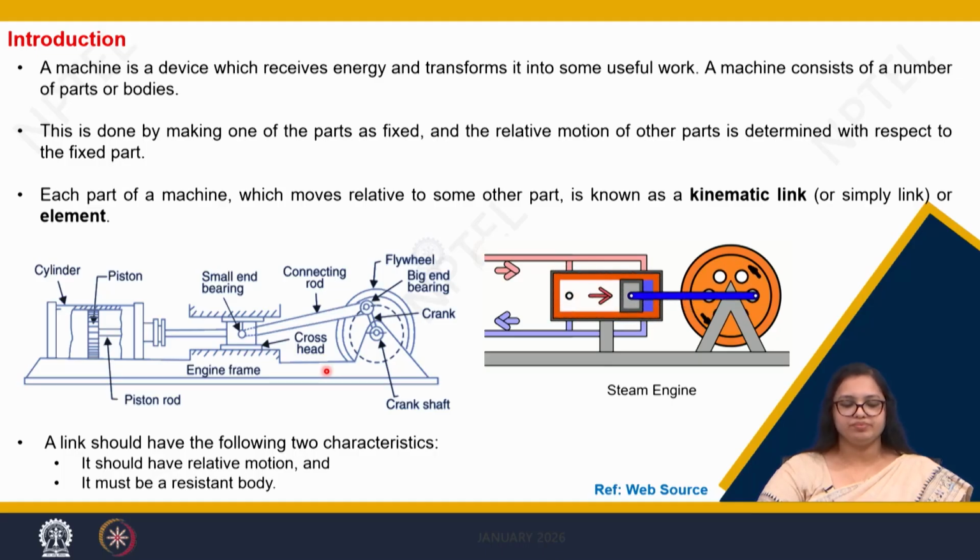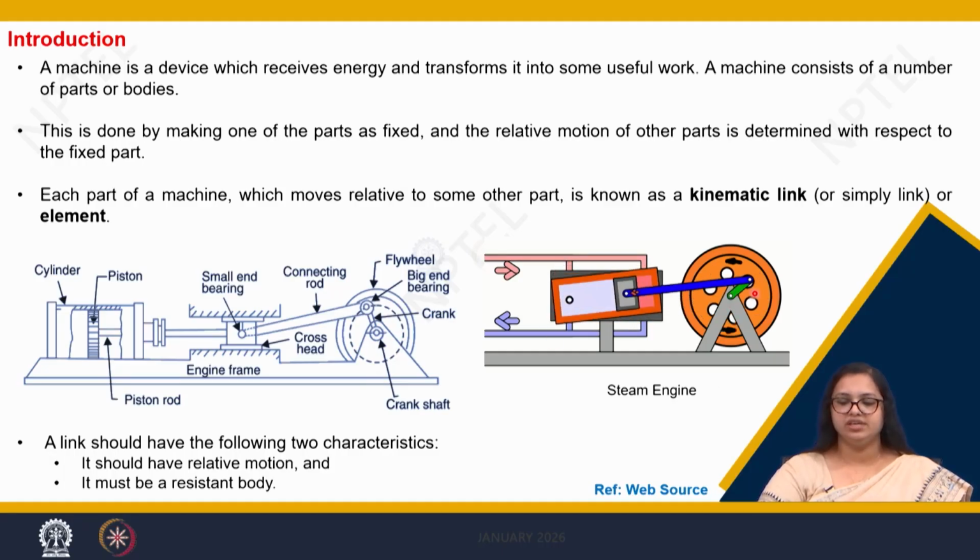Now here, as we see, the cylinder is fixed to the engine frame, making it a part of element 1. So the two characteristics of the different elements that we call a link, that we need for any machine to convert any energy that it receives into useful work, are that it should have relative motion to each other and it should be a resistant body. Now here we see that this engine frame doesn't have a relative motion, however it is a resistant body.